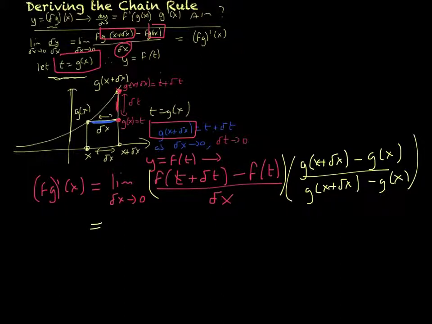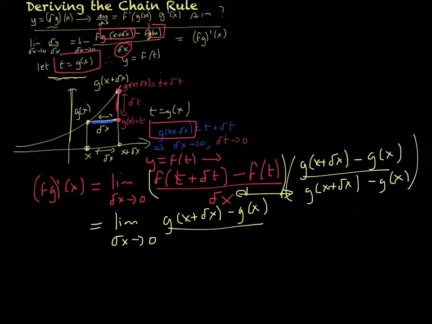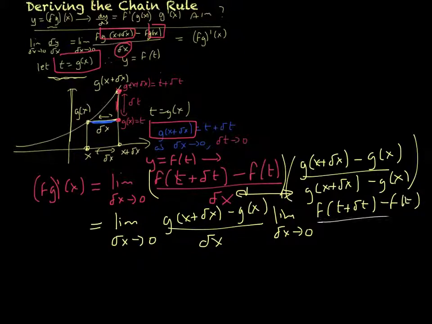And with a little bit of manipulation, I'm going to separate this into the limit as delta x tends to 0 of g of x plus delta x, this bit's really cool, and then I'm going to swap this delta x and g of x plus delta x minus g of x over, so that the delta x falls here, and we're going to put our limit here of f of t plus delta t minus f of t, all over g of x plus delta x minus g of x.